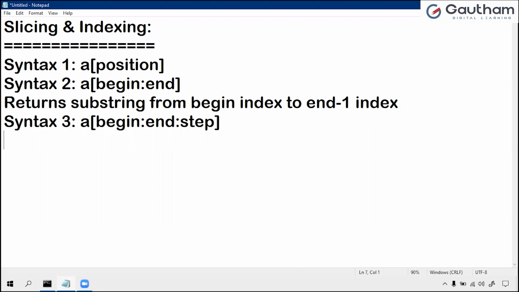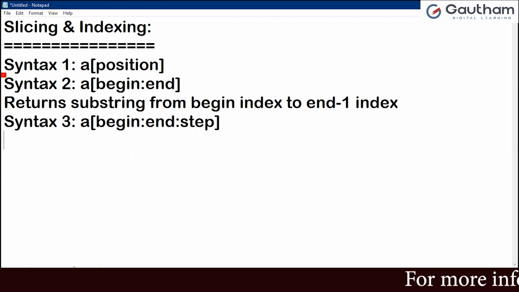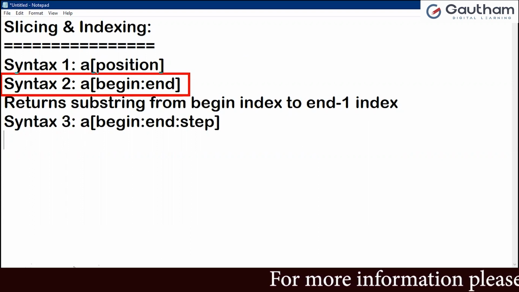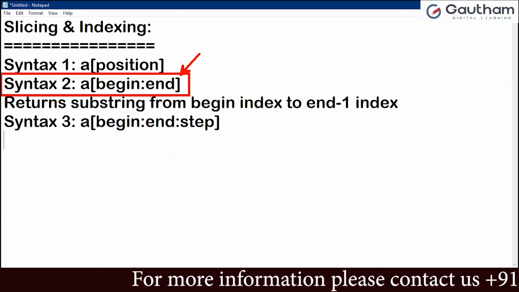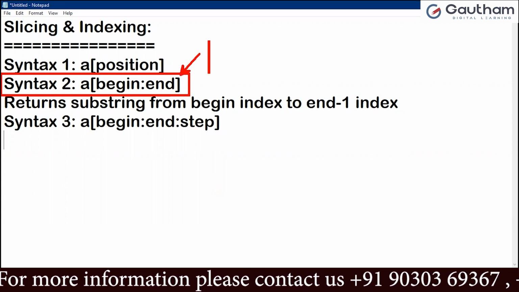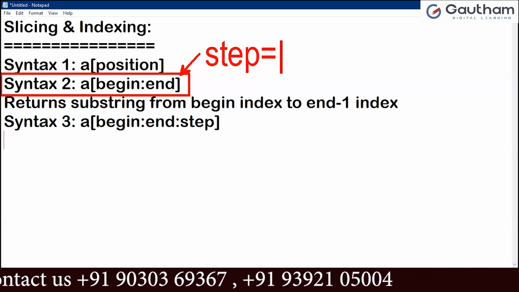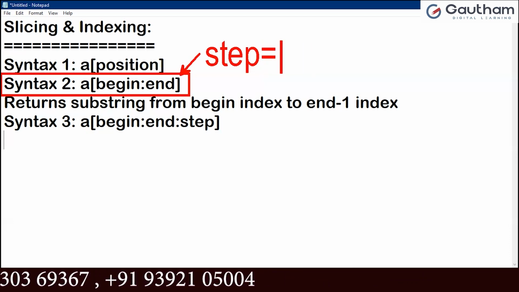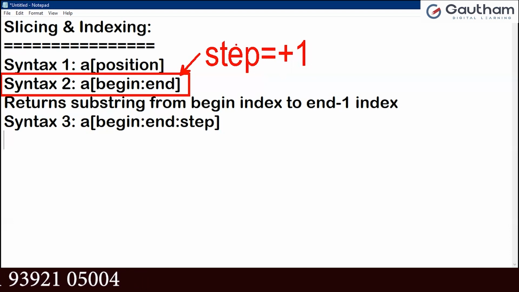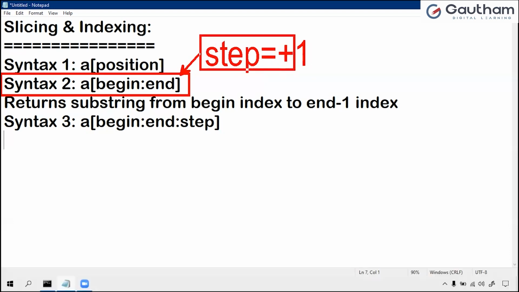So in this syntax too, I'm not taking any step value, so by default it takes the step value as +1. That is the reason the values are incrementing by +1, and that is the reason we are returning the data in the sequence order, in the forward direction, because of this step value.